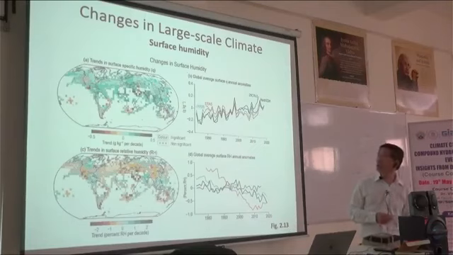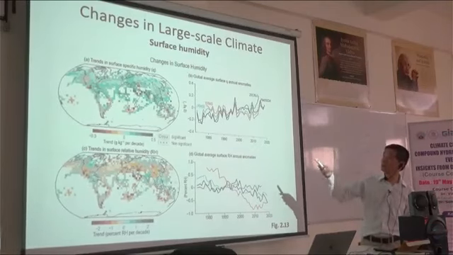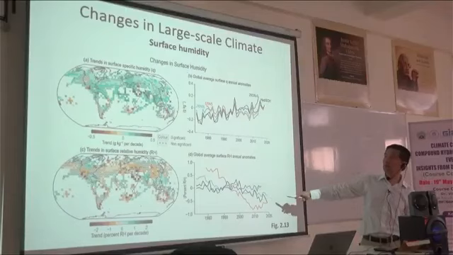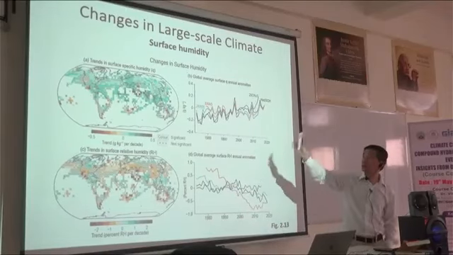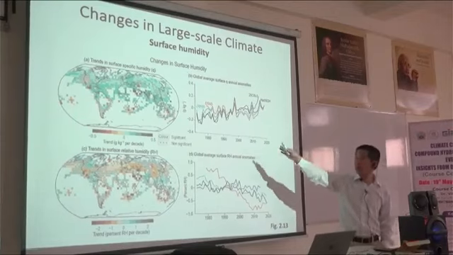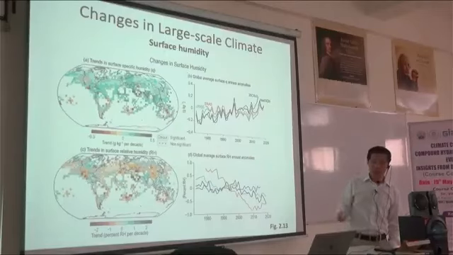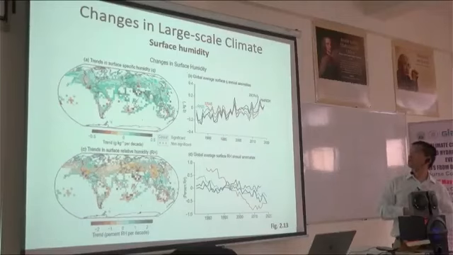So here is a global trend for the changes in specific humidity, and this is a global average, and this is relative humidity, and this is a spatial distribution. For now, let's forget about the spatial distribution and look at the global average. What's the general trend here? What is the trend for specific humidity?